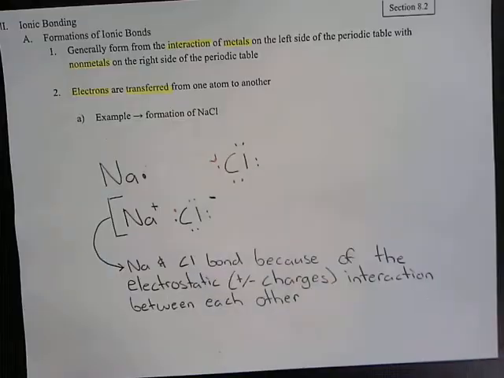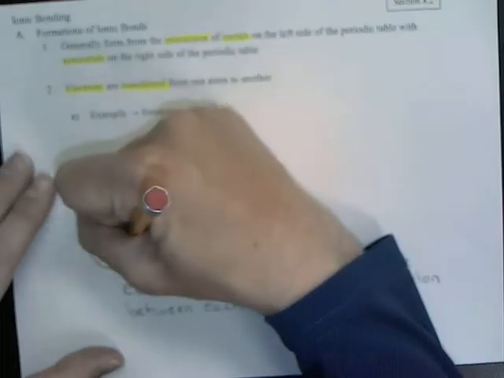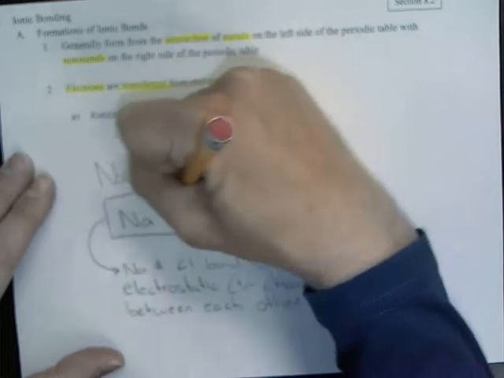Okay, so again, sodium and chloride. When sodium donates its electron to chlorine, making it a chloride ion, they are staying together because of that electrostatic interaction, or interaction of positive and negative charges between one another. Okay, so this is the basic concept of ionic bonding.